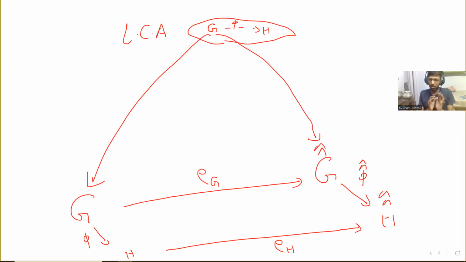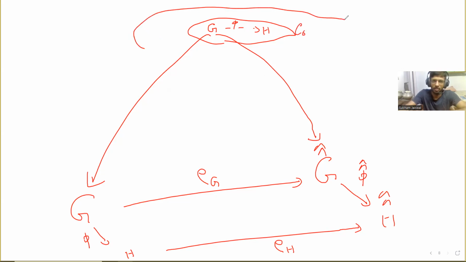Now, what is the point? Maybe I should say it like this: think of this as C naught, and the larger category, in which it is dense according to our definition, as C. For objects in C naught, we have shown that these things are an isomorphism.